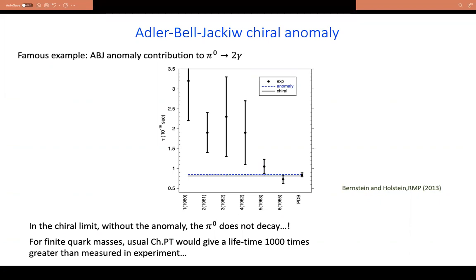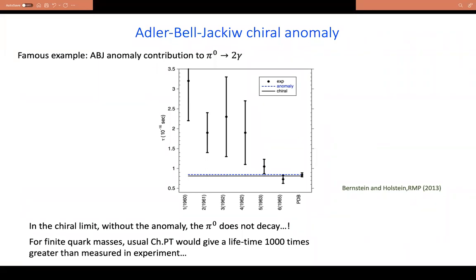So the anomaly gives you sort of 1% accuracy in QCD for something really fundamental, and without which you would be off by a factor of 1,000. So if anyone were to say, well, why is topology of the QCD vacuum relevant for the physical world? This is as striking an example as any.